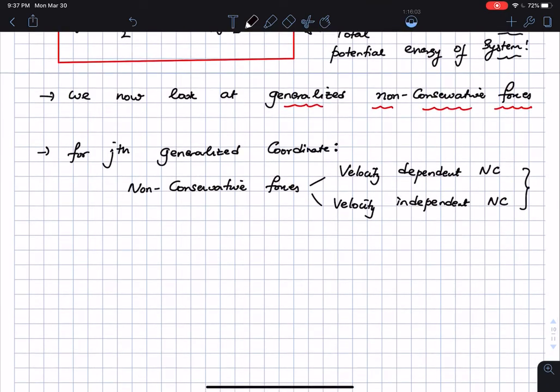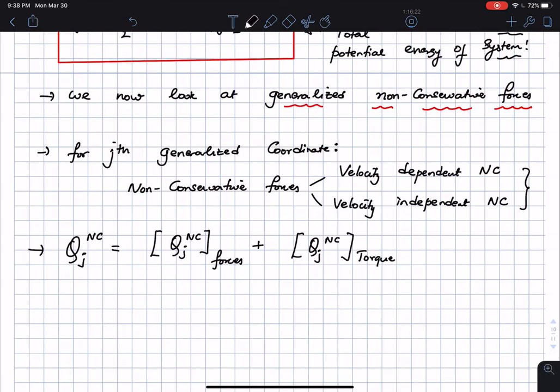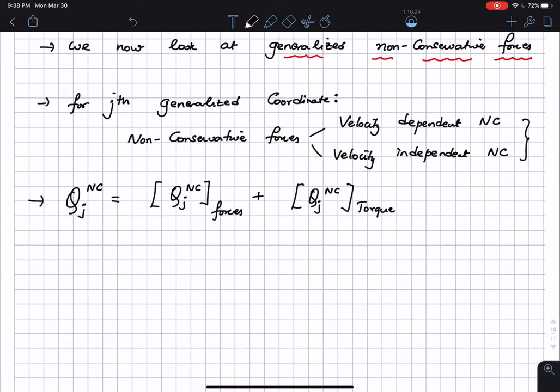Which means that in general we can say that Qj non-conservative can be broken into, first of all, Qj non-conservative for forces, as we saw in the previous problem, and then Qj non-conservative for torque. Of course torque can be broken into velocity dependent and non-velocity dependent as well, but we are not really interested in such types of torques.